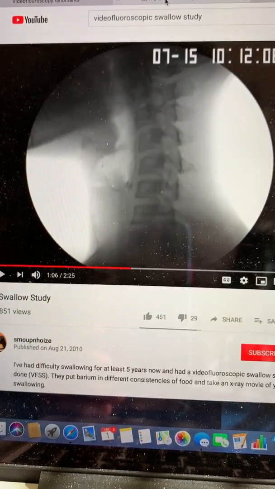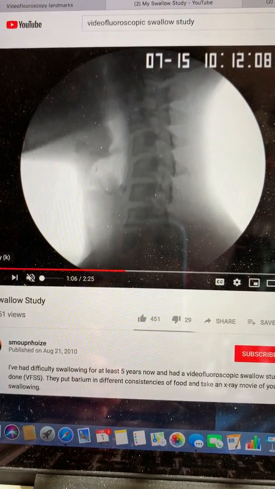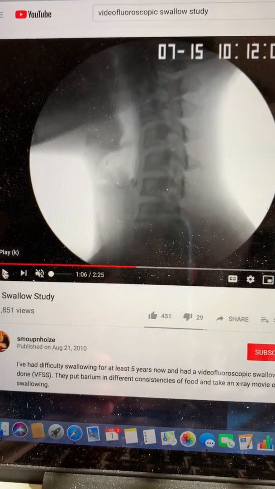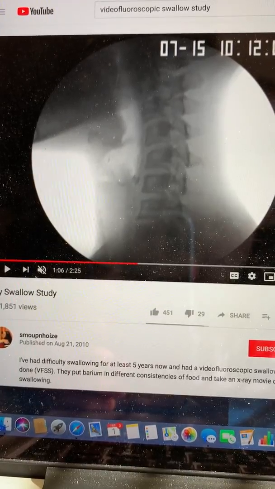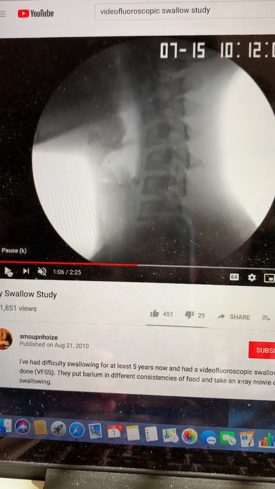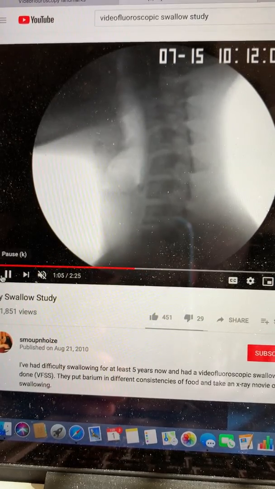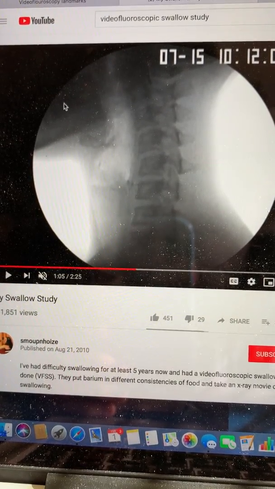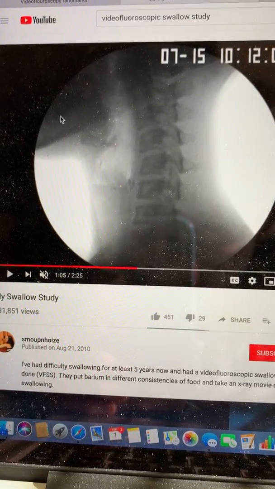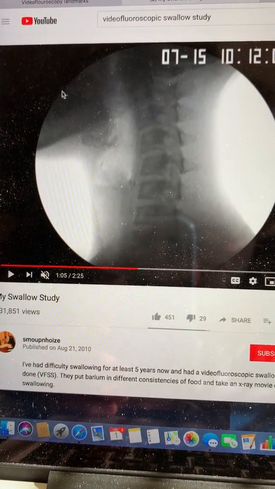Okay, so now we will look at a solid bolus being chewed. Okay, so let me go back. So the bolus is being masticated up here and is being formed by salivation that occurs in the salivary glands to moisten and form the bolus.